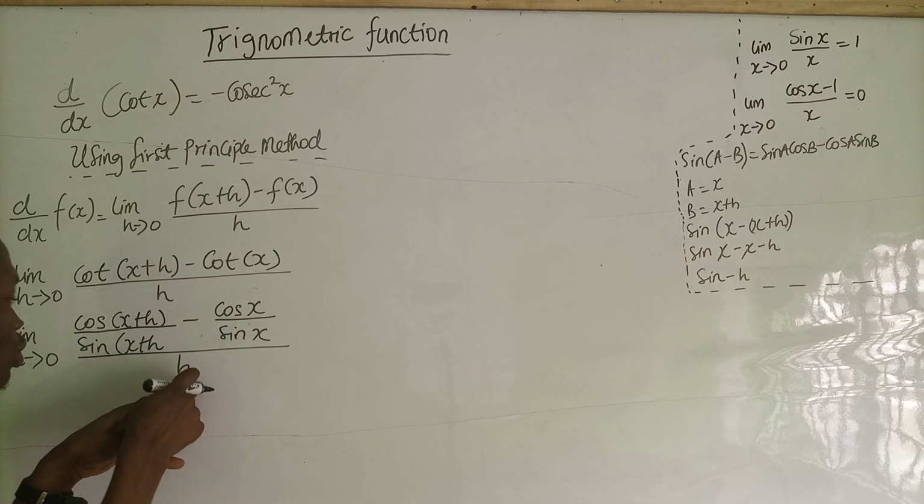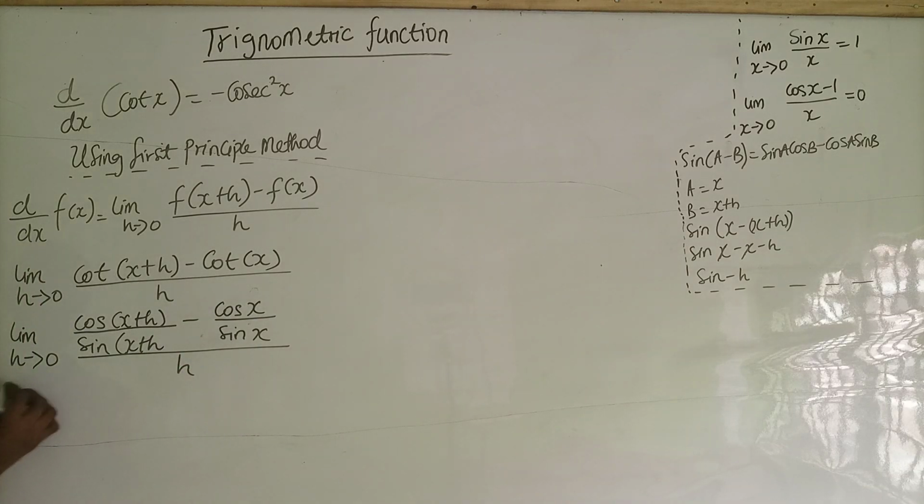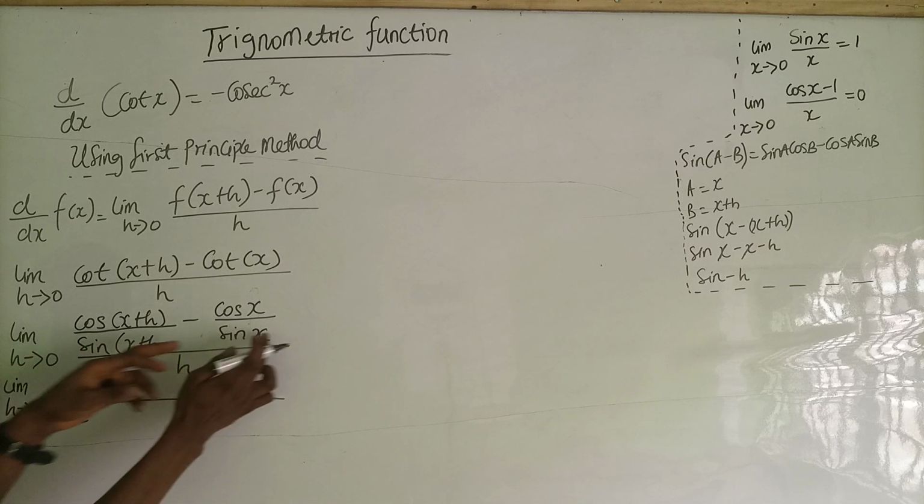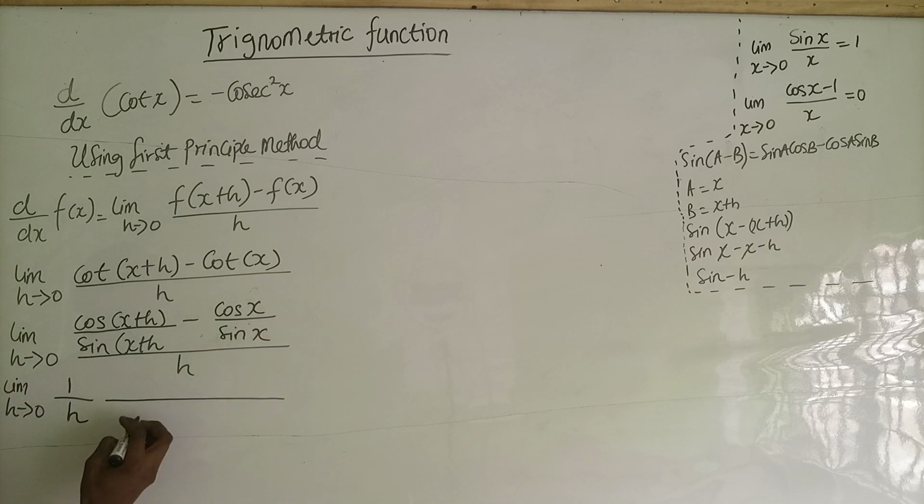So what are we going to do? We are going to have the limit as h approaches 0. We are going to put this last denominator as 1 over h, all over the LCM of this first fraction. So the LCM is sine x plus h sine x.